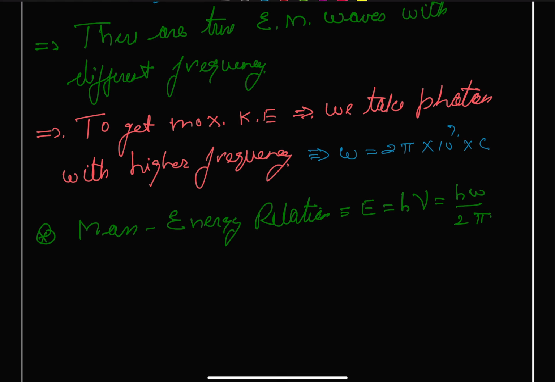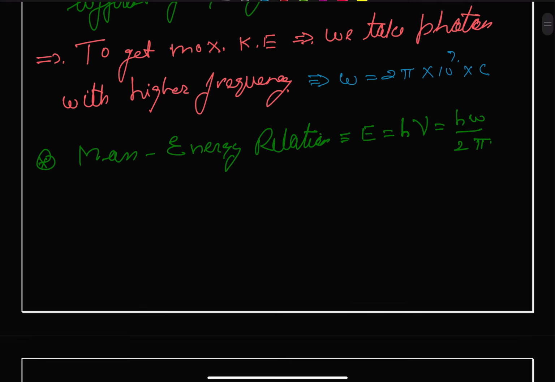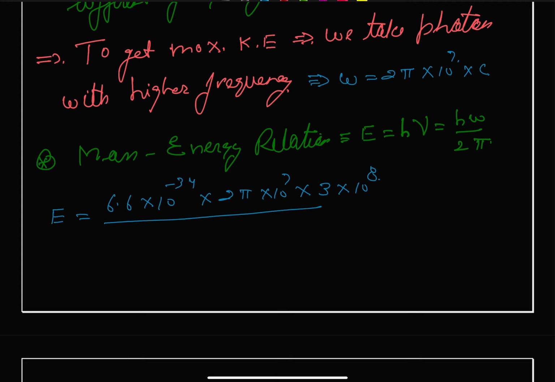And we can just substitute the values. We get our energy E is equal to h, which is 6.6 into 10 to the power minus 34, omega which is 2 pi 10 to the power 7 multiplied by 3 into 10 to the power 8, and here we are having 2 pi. So 2 pi and 2 pi cancel out quite easily.